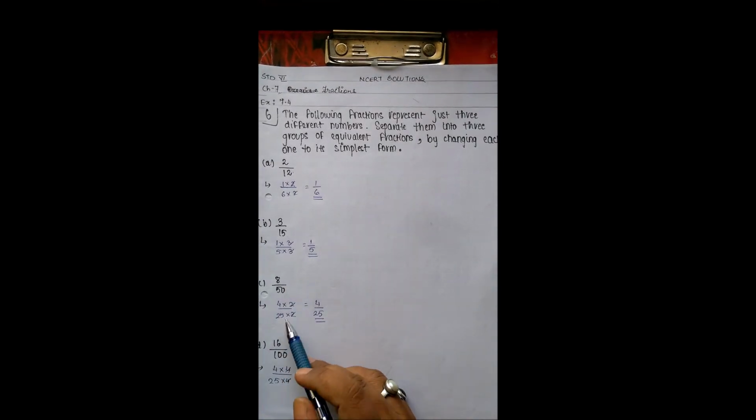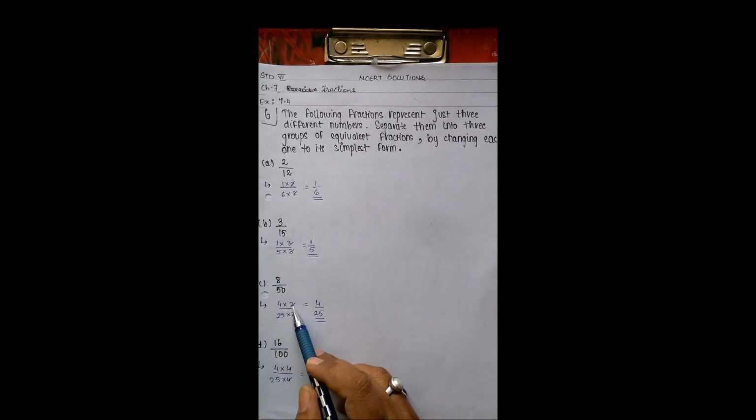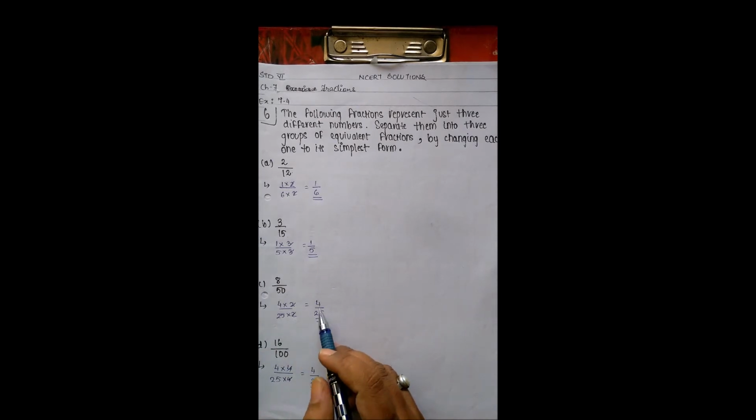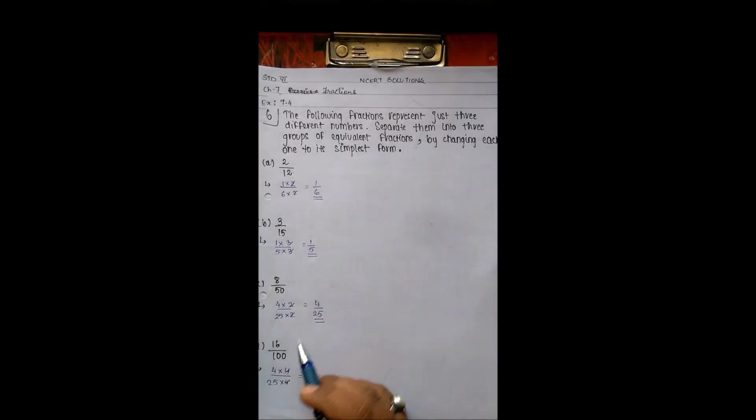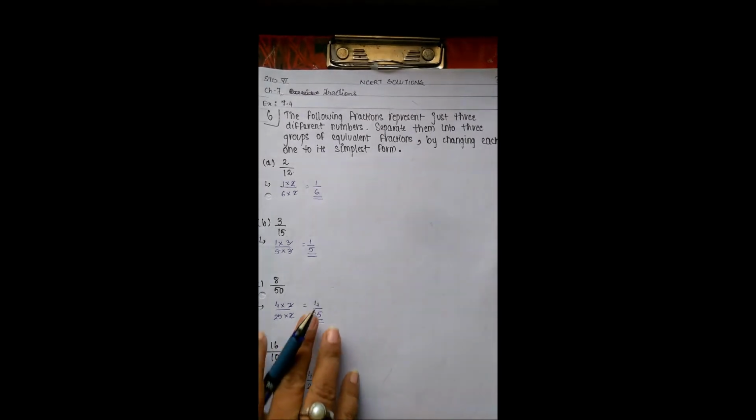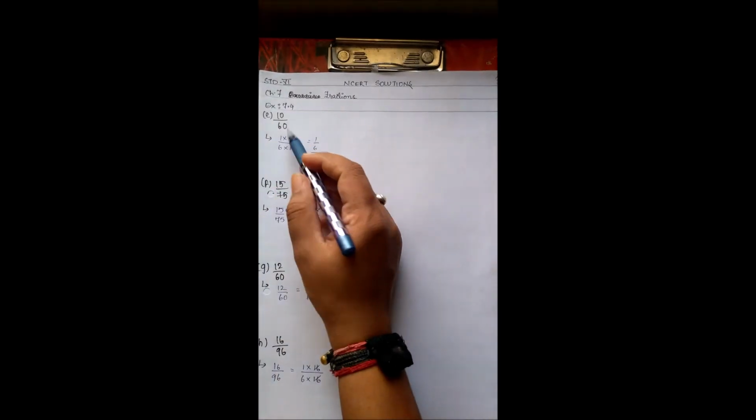8 upon 50. So 4 into 2, 8. 25 into 2, 50. So 2 will cut, it will become 4 upon 25. 16 upon 100. 4 4s are 16. 25 into 4, 100. So 4 will cut, it will become 4 upon 25. 10 upon 60.